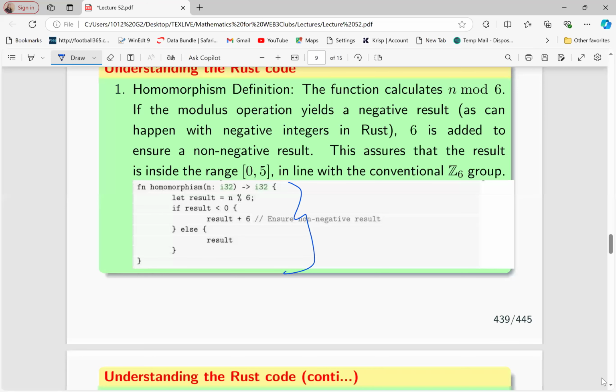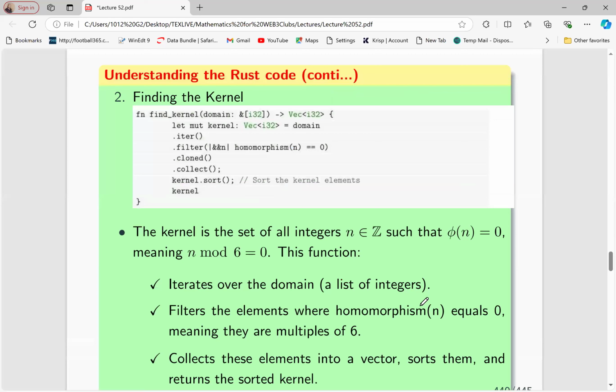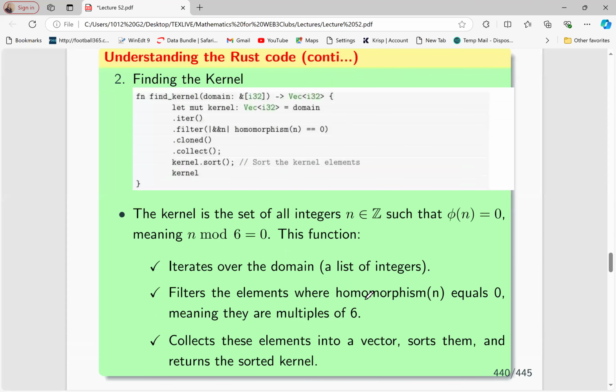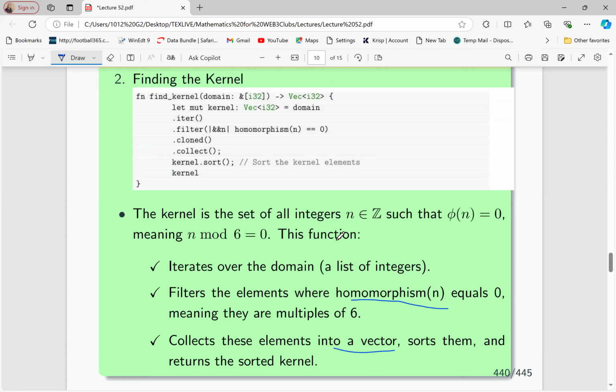After filtering them, it collects those whose homomorphism equals 0. After sorting them out, what you have is a kernel.